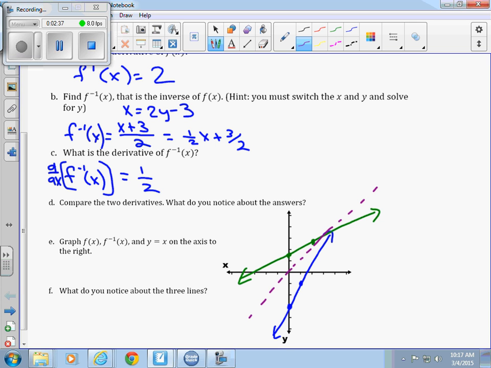What do you notice? You learned this in algebra 2. Those are symmetrical about the line y equals x. They are reflections over the line y equals x. X and y are switched, right?